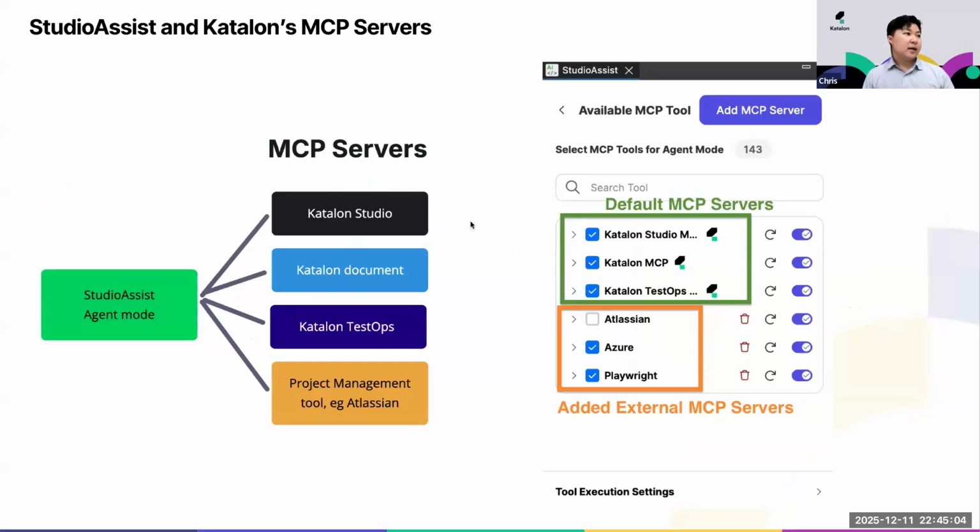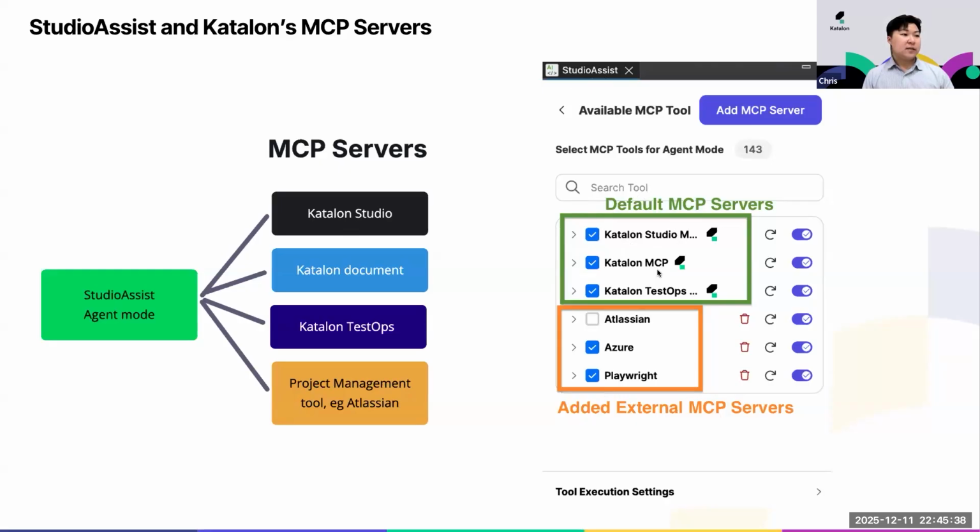Recently, we have the Studio Assist mode that we showed you before, and those MCPs are the default ones, which are already included in Studio. You will find them by default in the dialog when you start a chat with Studio Assist. When you click into MCP, you will see they're already there. Katalon Studio MCP has certain tools within Katalon.